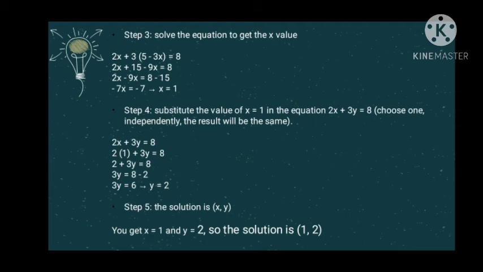We move 15 to the right side, which becomes 2x minus 9x equals 8 minus 15. After that, negative 7x equals negative 7, so x equals 1.